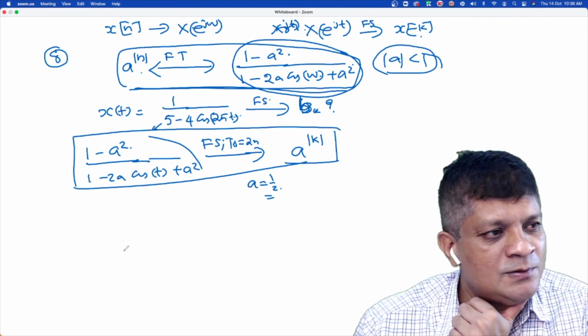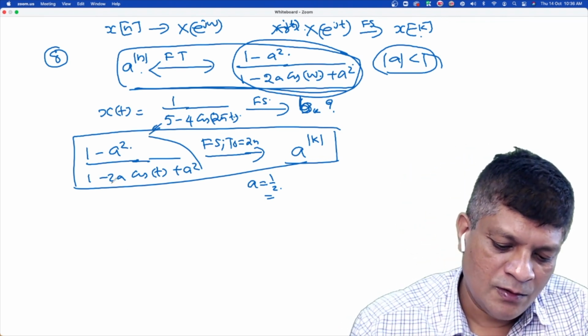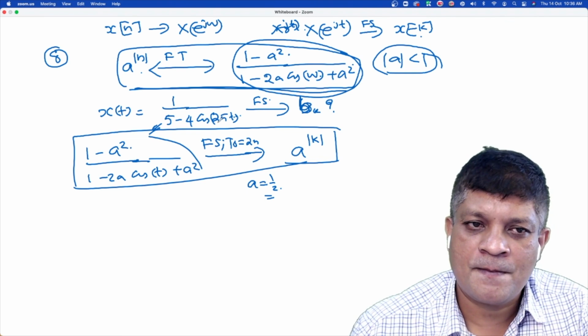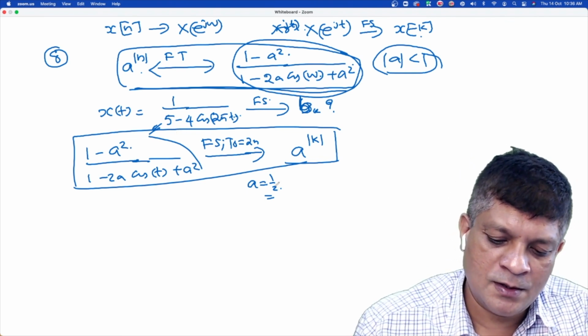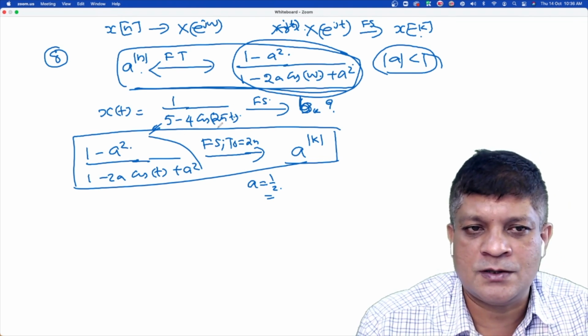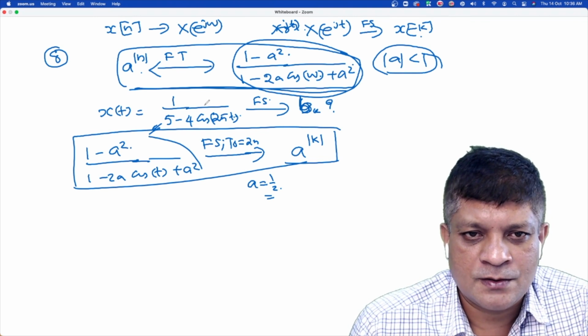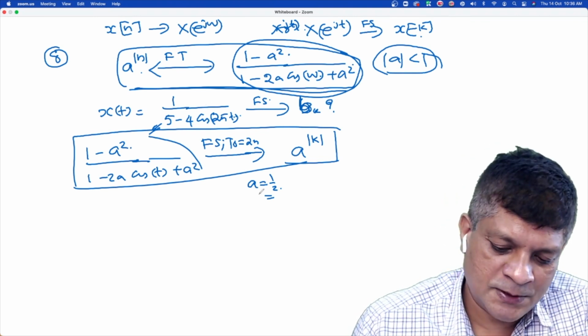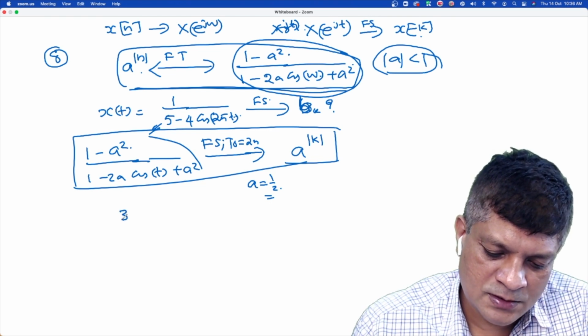You compare these two, find the value of a. They are not exactly equal. If you put a equal to 1 by 2, you will not get the exact expression. There is some scaling factor, isn't it? So what is that expression if you put a equals to 1 by 2?